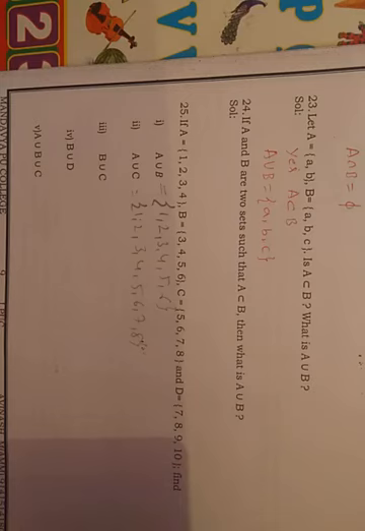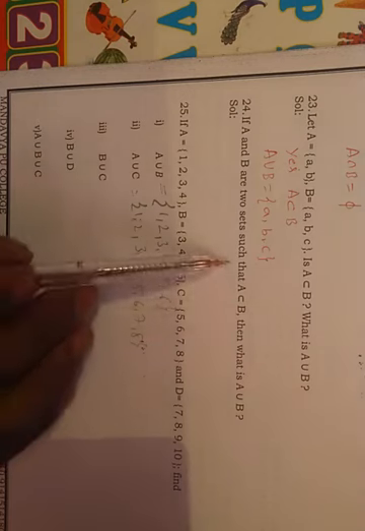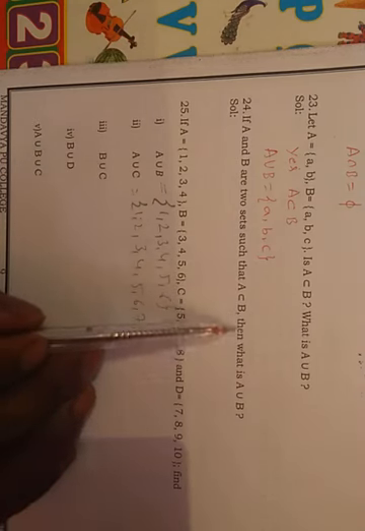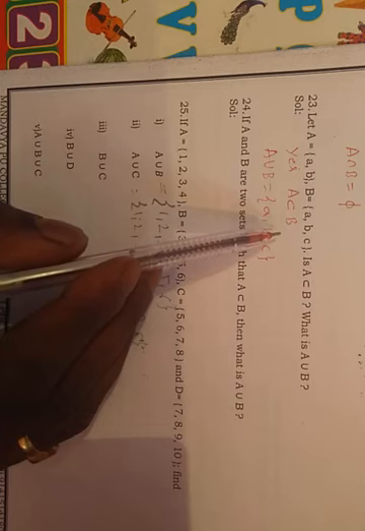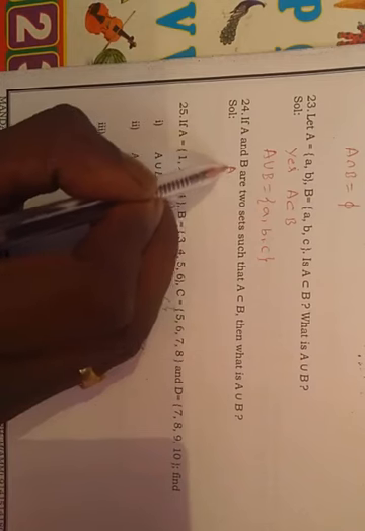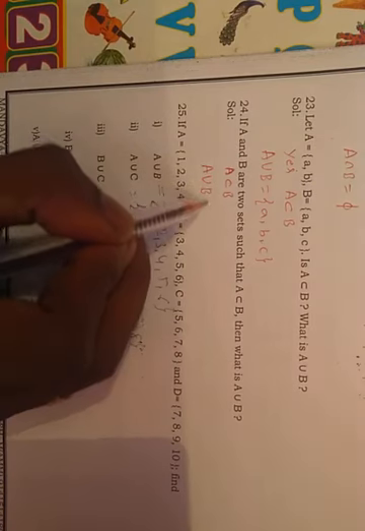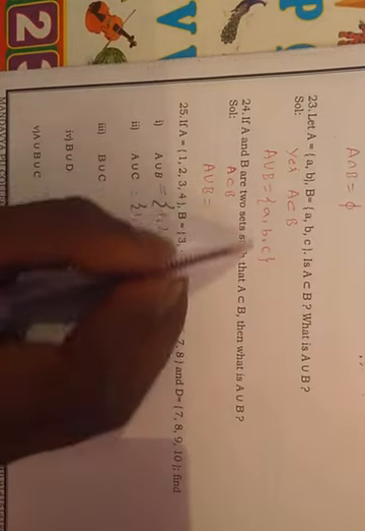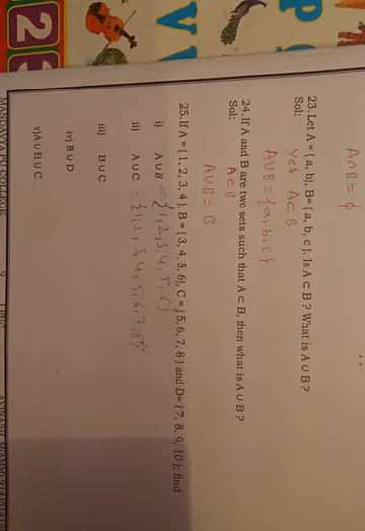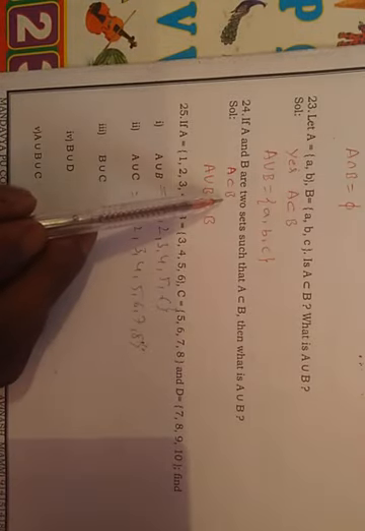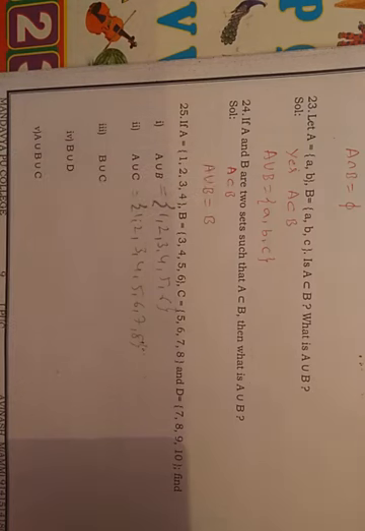And next question, if A and B are 2 sets such that A is a subset of B, then what is A union B? We can observe in question number 23, A is a subset of B. If A is a subset of B, obviously A union B is equal to the set B, because B contains the elements of capital A.